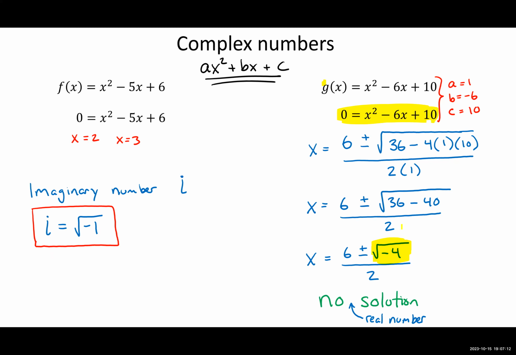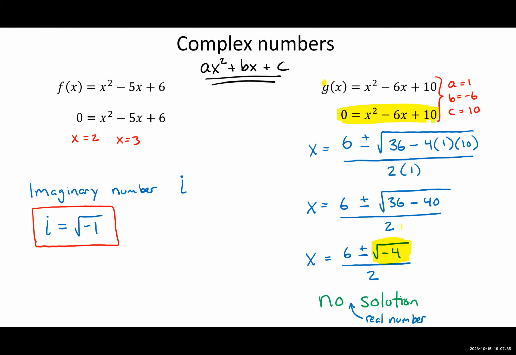It's still not going to give us a real number solution. The solution is going to contain the imaginary number I. So the imaginary number I is a symbol that stands for the square root of -1.